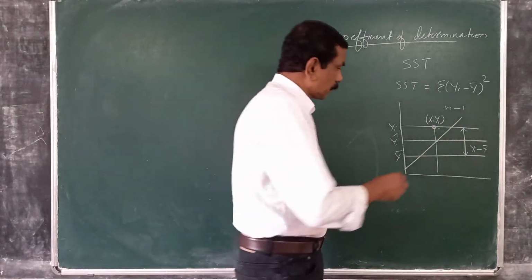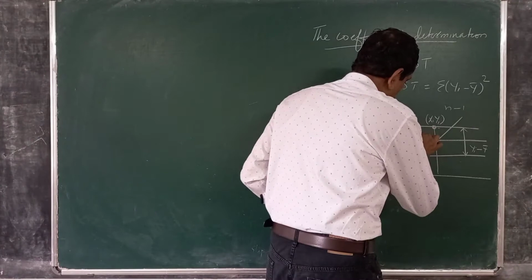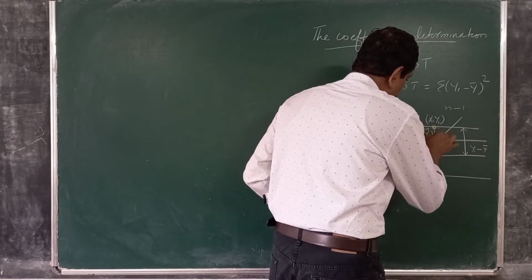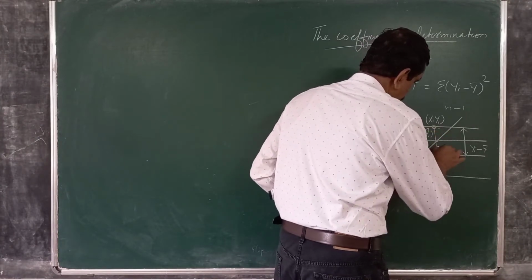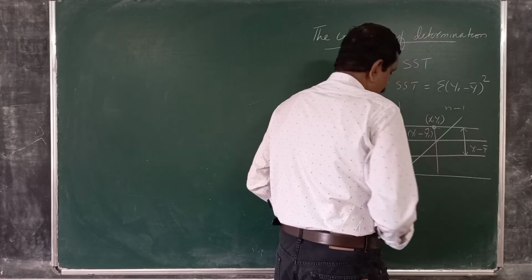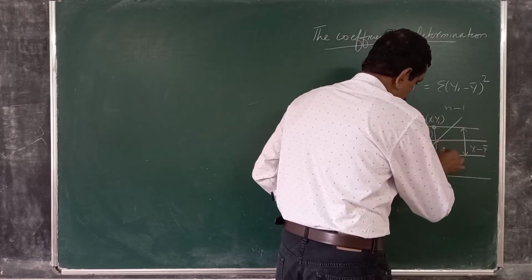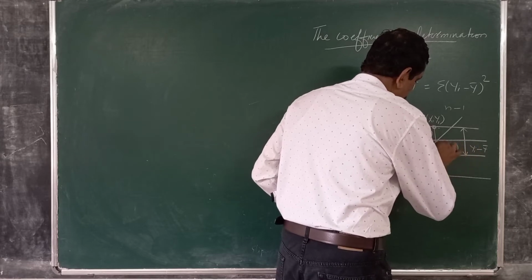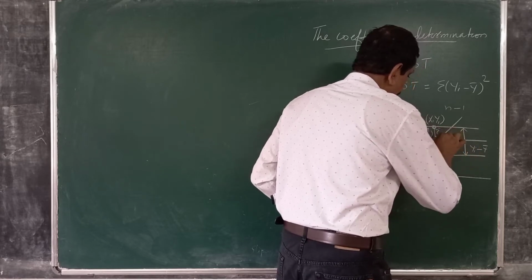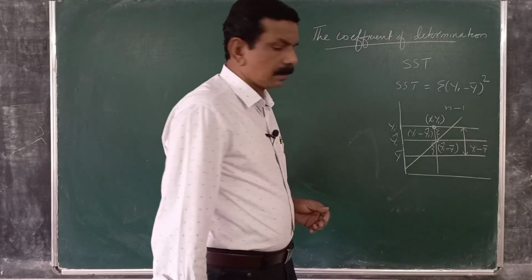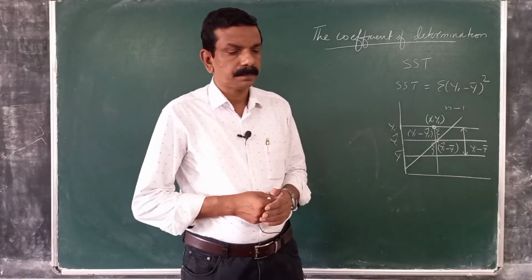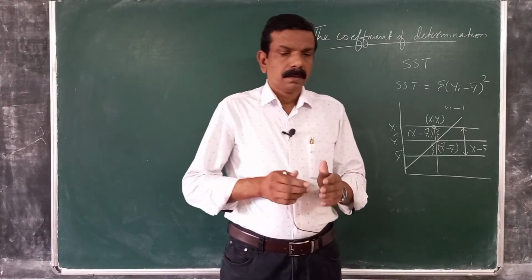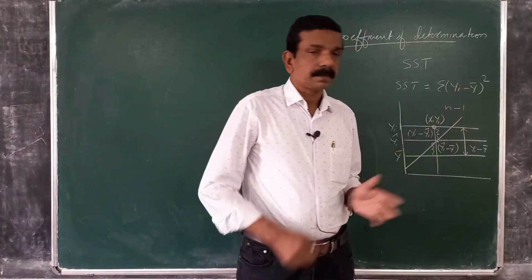Then this distance is yi minus y hat i. And this distance is y hat i minus y bar. So this is the total variation.